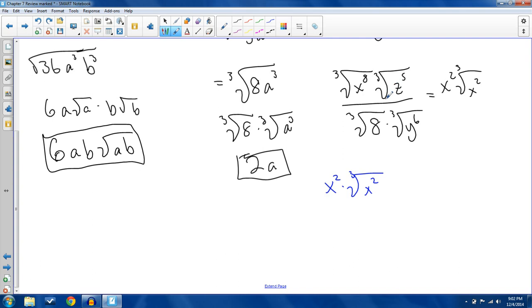Cube root of z to the 5th: 5 divided by 3 is 1, remainder 2. Cube root of 8 is 2. Cube root of y to the 6th: 6 divided by 3 is 2.